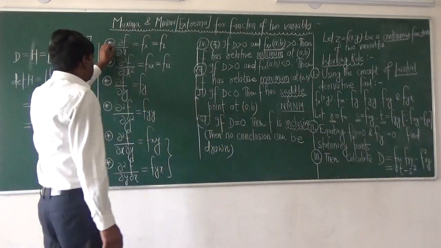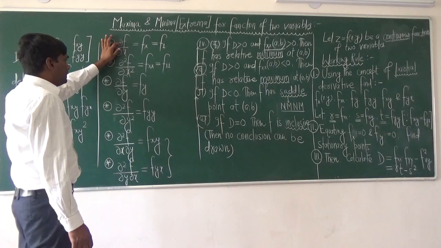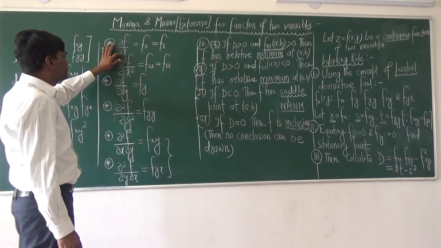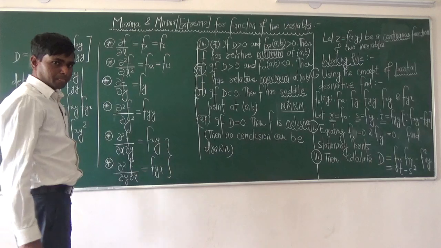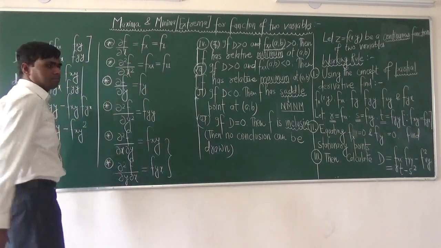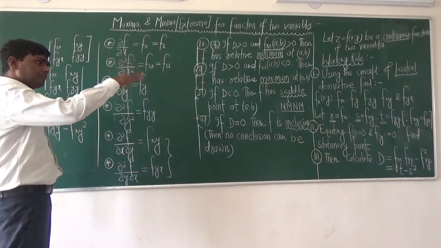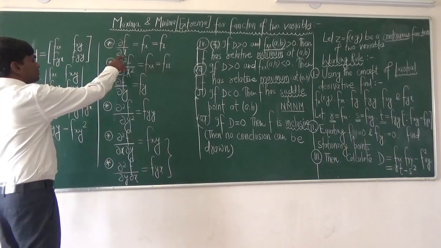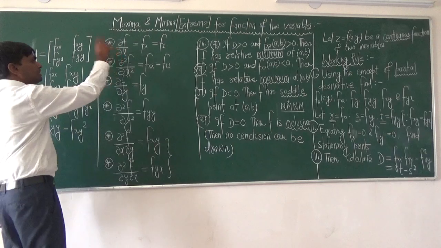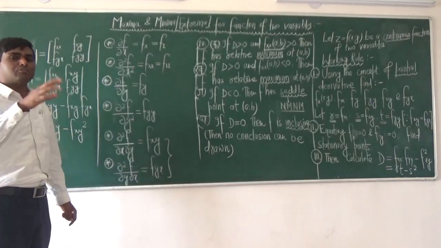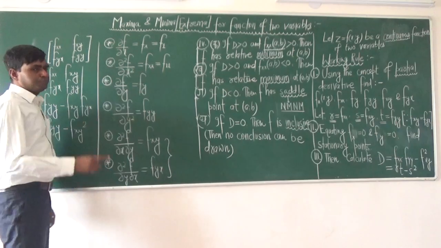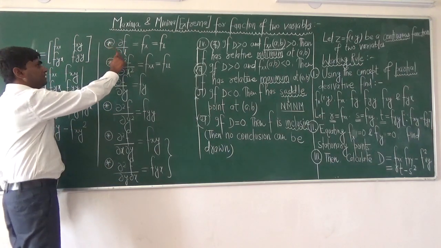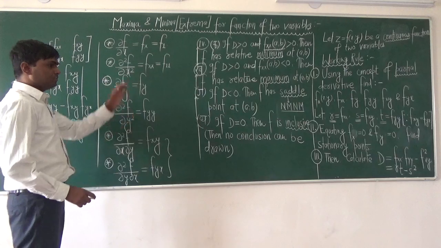See, del f upon del x is used for fx. It means if we have to find fx, then differentiate the given function partially with respect to x, and treat y as a constant.